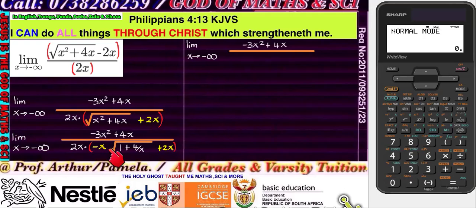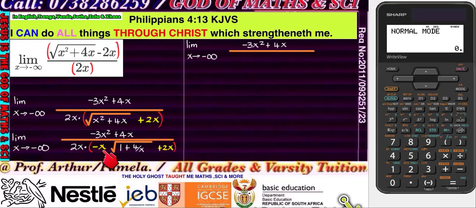Now remember the x is negative, so I can pull out just x or negative. It doesn't matter how I pull it out. Let me pull out just the x. That means it's going to multiply that to 2x. Or I can multiply the 2x inside the bracket. Doesn't matter.